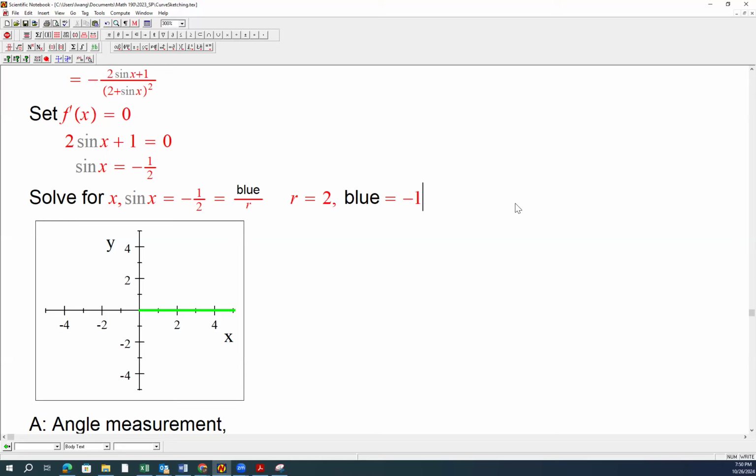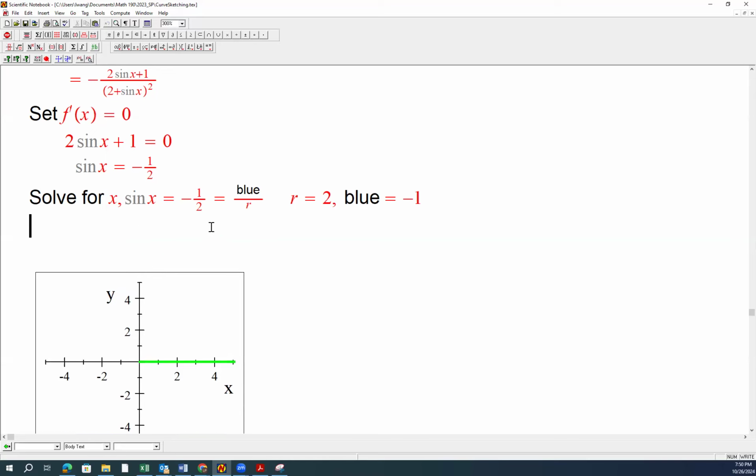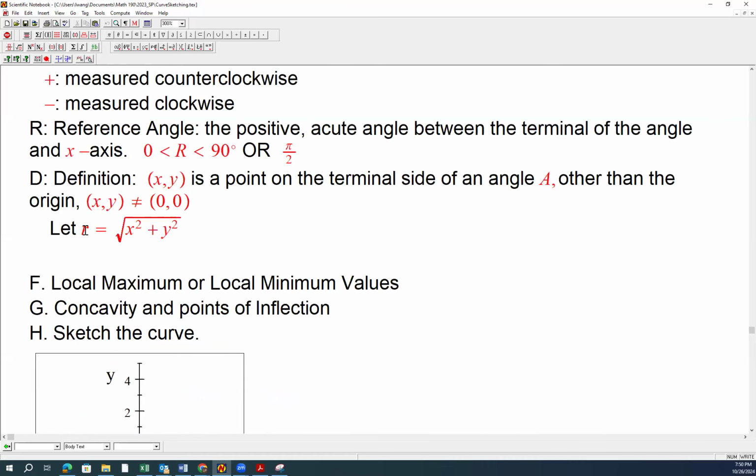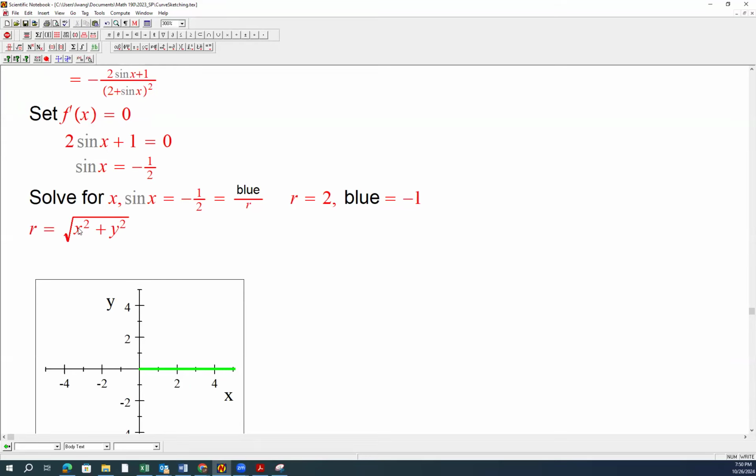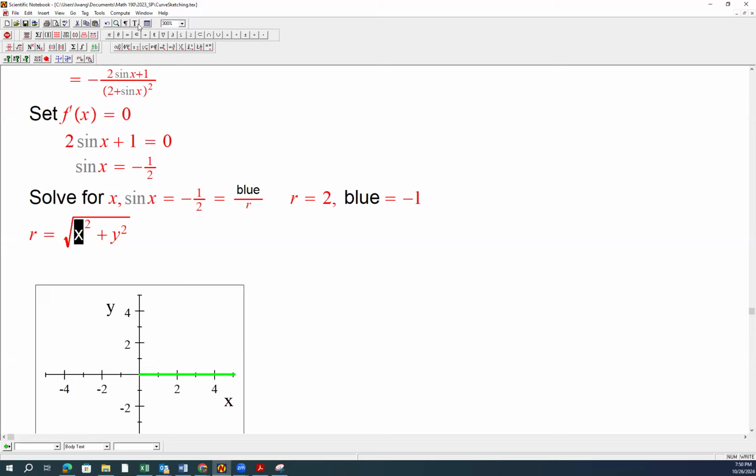We have this relationship, let me write it down this way: R equals the square root of x squared plus y squared, where x is red and y is blue.